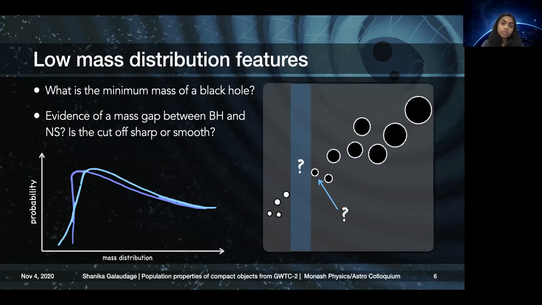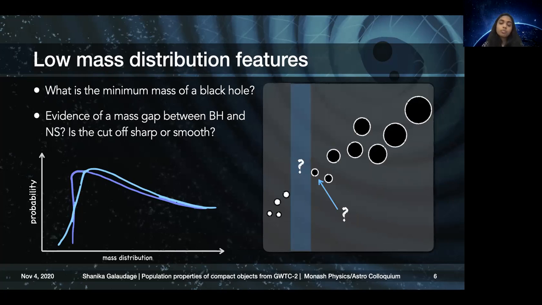So first of all, what happens at the low end of our black hole mass distribution? Well, one of the questions we can ask is what's the minimum black hole mass, which we can determine from our mass distribution. But we can also start asking questions about whether there's evidence for a gap between black holes and neutron stars.